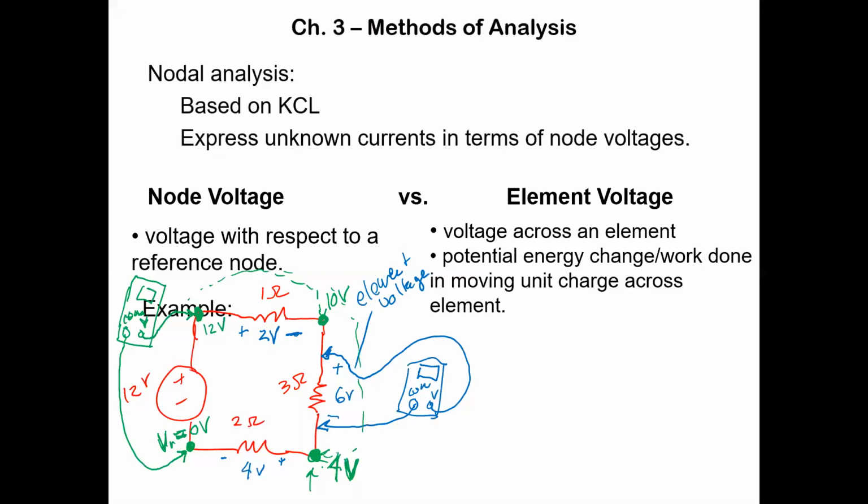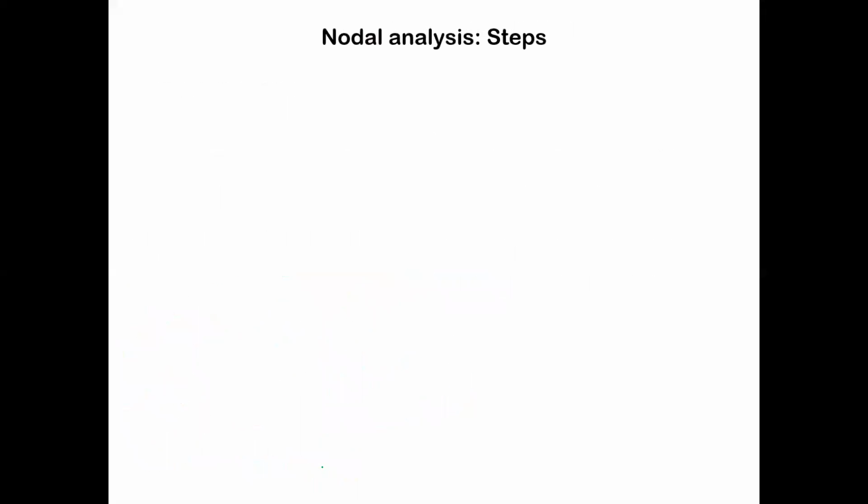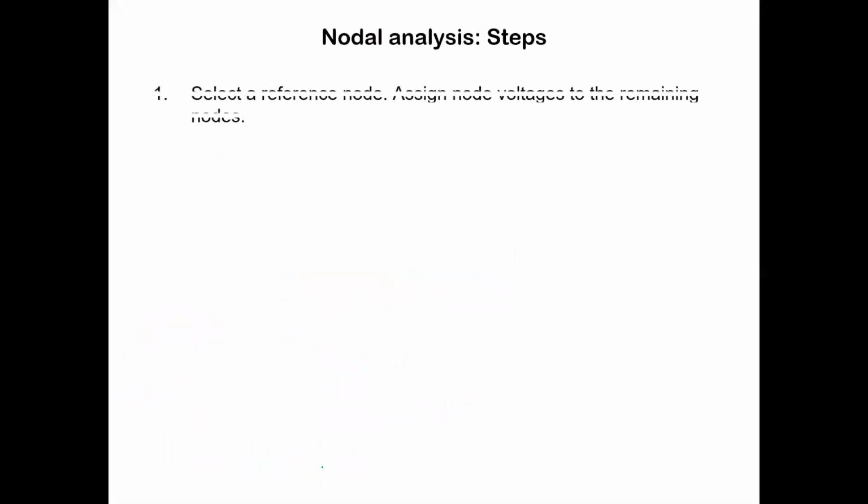That's a really important concept, because you can do all the jackhammer stuff without really understanding what you're doing. But what you get from these numbers are node voltages relative to a particular node in the circuit. So the way nodal analysis works is you pick some reference node for the circuit, and then you assign node voltages. You assign node voltage variables, right? You have to name these things for the remaining nodes.